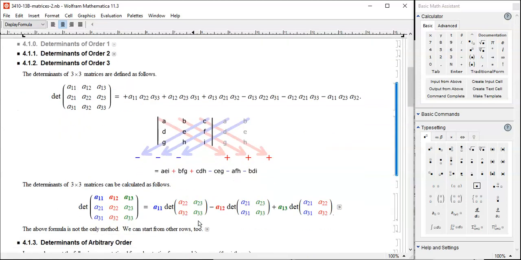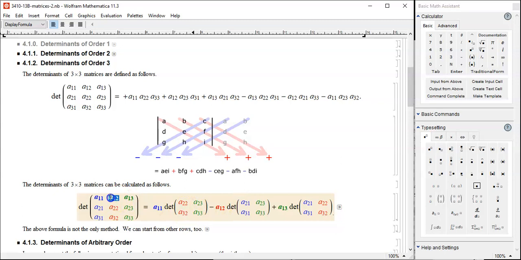Another way is to take a row and then get number, number, number with alternating sign and take the deleted matrix. If I selected A11, I have to remove the first row and then the first column where the A11 is located. Take what's left, and this is called the deleted matrix, and then find that determinant, AD minus BC.